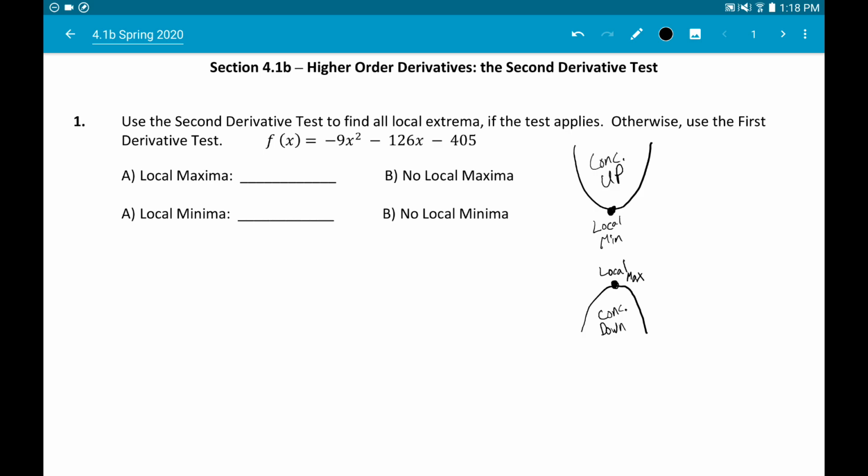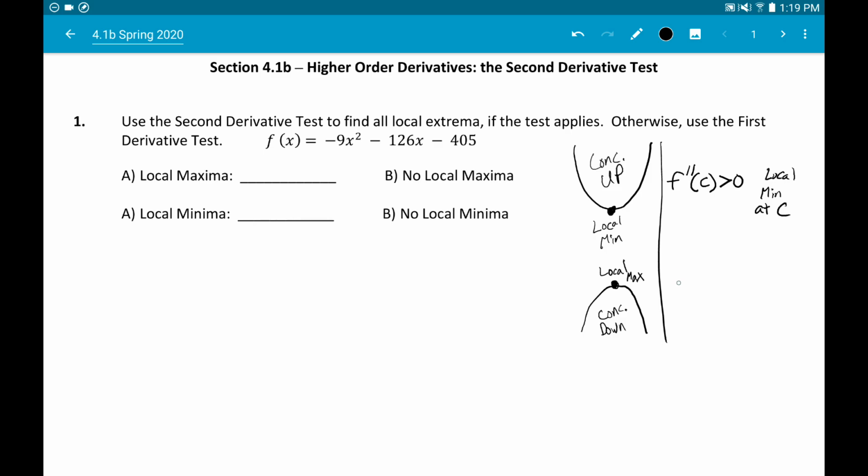Okay, so the official rule is this. For the second derivative test, we take a critical value, C, plug it into the second derivative. If it's positive, that gives us concave up. Again, that's what we have on the top here. We've got to have a local min, specifically at that x value C, critical value.